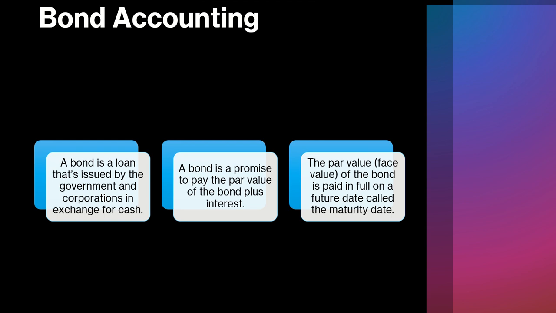Now, bonds: the payments you make on bonds occur less frequently than payments on a note. The cash payments made on bonds are made twice a year, but those cash payments go towards interest and not the face value or par value of the bond.